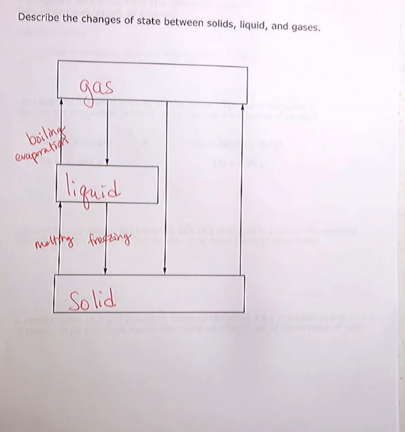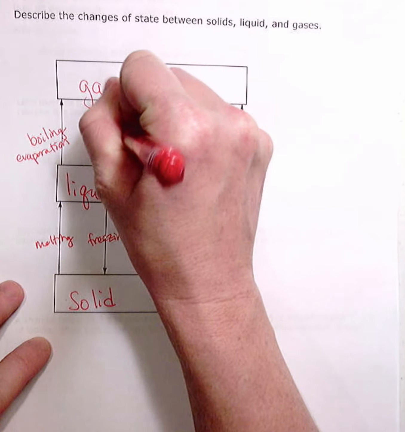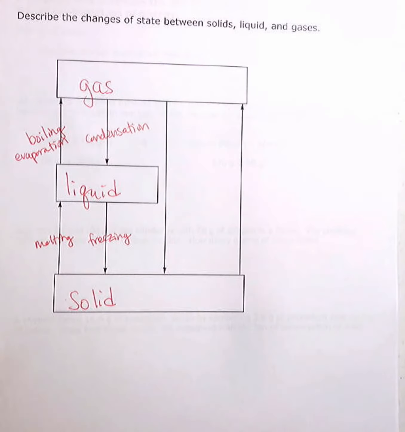And then a gas going to liquid is called condensation. So that mysterious process when you have a glass that sweats, the gas around this glass is getting converted back to a liquid because it's getting cooled down.